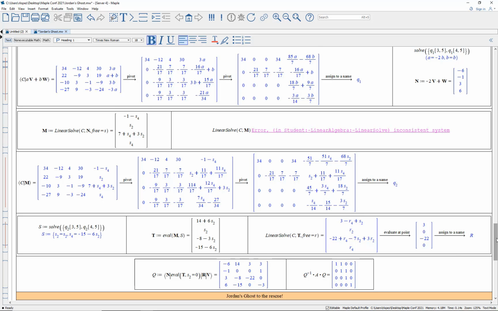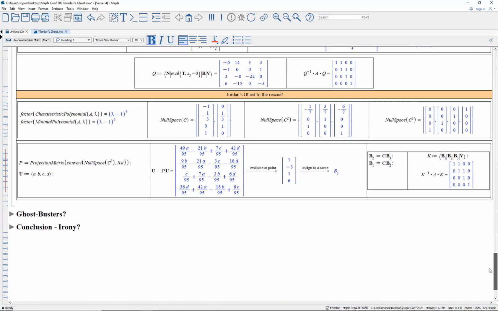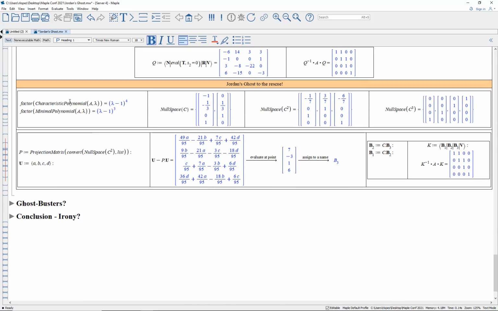Now, what would that look like if you took the Jordan approach? Characteristic polynomial 4, minimal polynomial 3. This tells you you have one chain of length 3. So you get your null spaces, two-dimensional here, three-dimensional here, the full space here. Use the projection trick to get a vector in the whole space that is not in this null space.